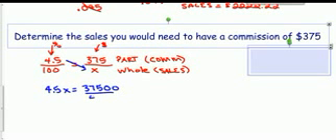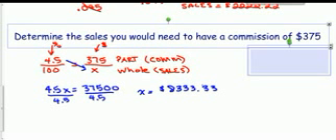And then I'm going to divide both sides by the coefficient of x, which here is 4.5. And when I do that, I end up with a total of $8,333.33 would be the amount of sales that I would need.